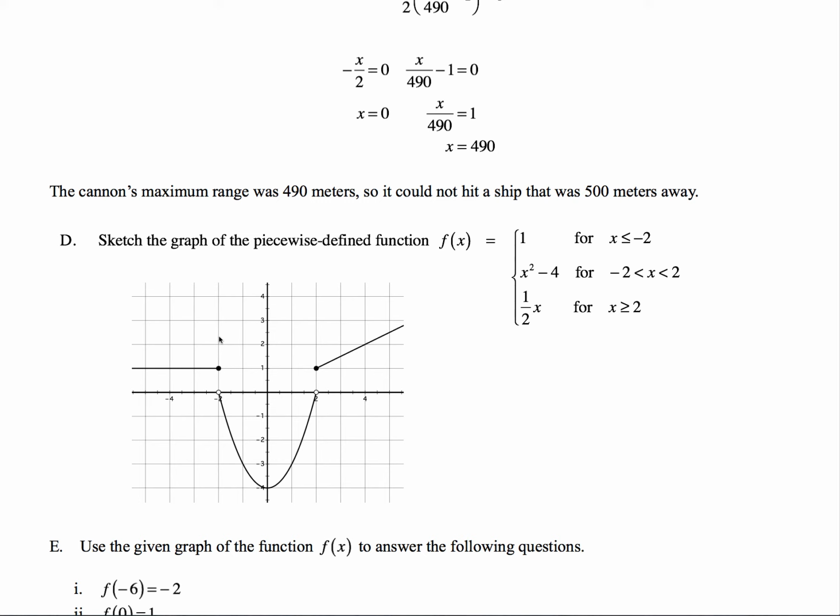So the x squared minus 4 does not go to the left of negative 2 or to the right of positive 2. 1/2 x does not go to the left of positive 2. But you would start here with a y-intercept of 0 and go up 1 over 2, up 1 over 2 to sketch that line that has a slope of 1/2 and is just a straight line.